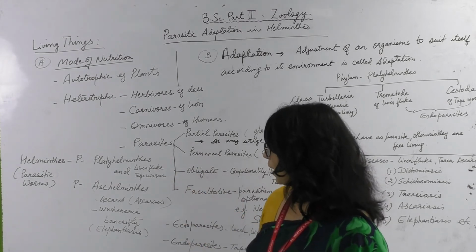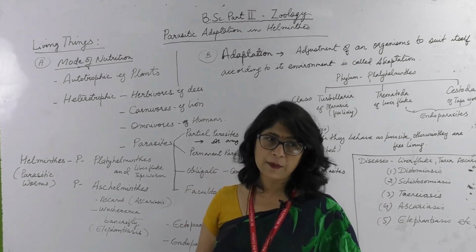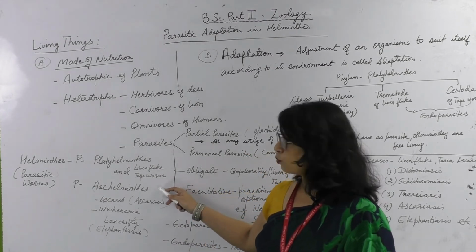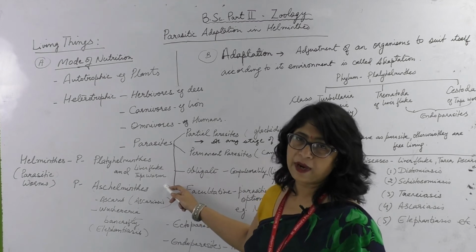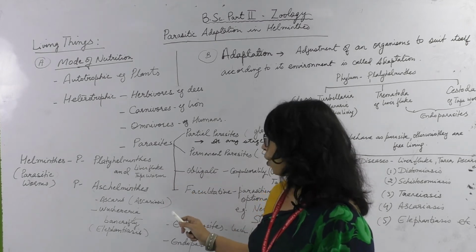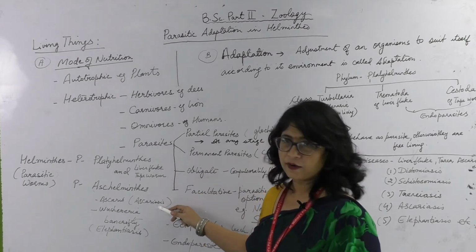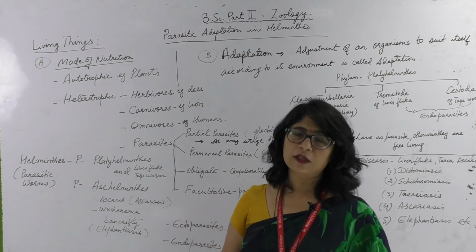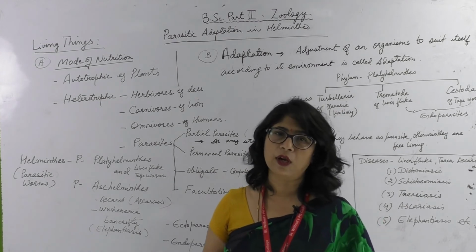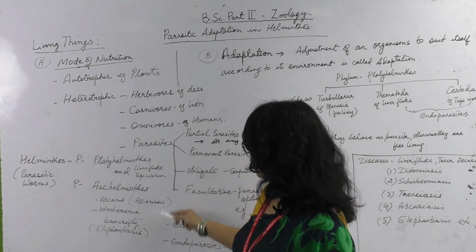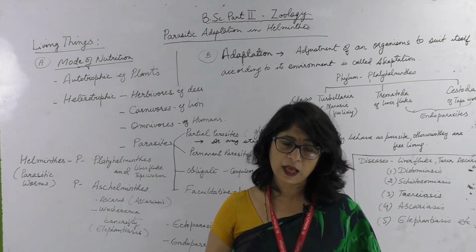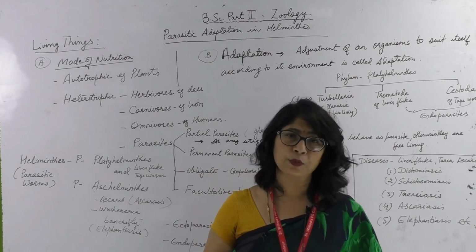The second phylum that includes helminths is the Nematoda, and this phylum includes a wide variety of parasitic worms. The most common ones are Ascaris, Wuchereria bancrofti, Dracunculus, etc.